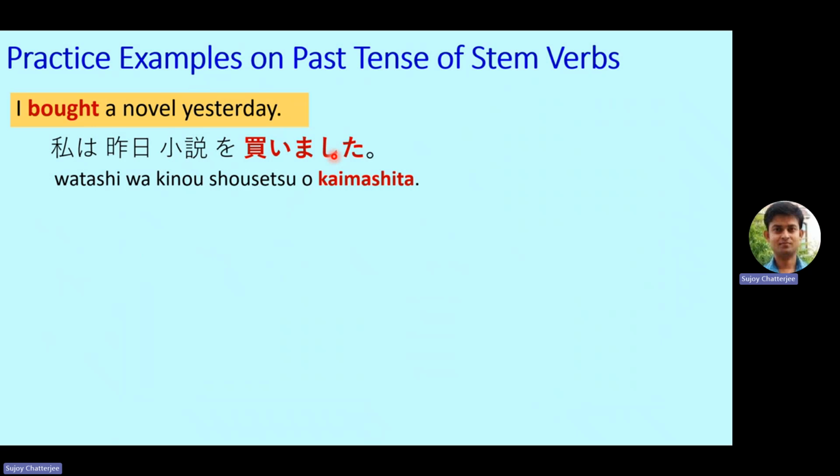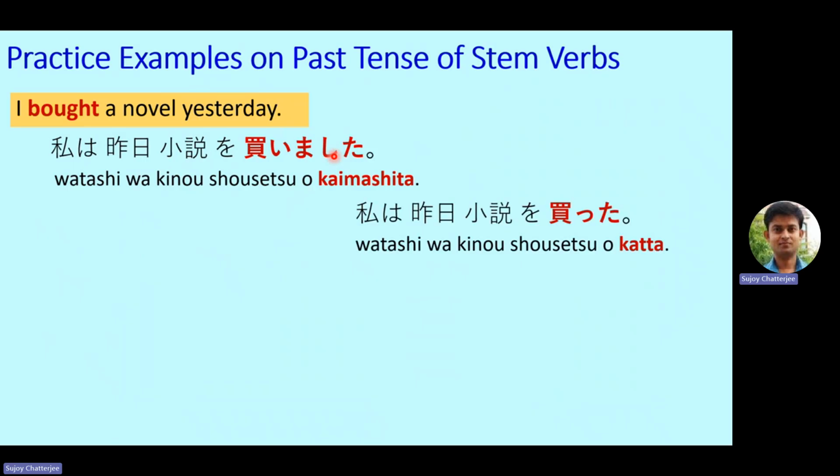So kino shosetsu o kaimashita means yesterday I purchased a novel. Kaimashita is the formal past tense of the verb kau, or kaimasu. What will it be in the plain form past tense? It will be watashi wa kino shosetsu o katta. Kaimashita becomes katta. This is a group 1 verb.